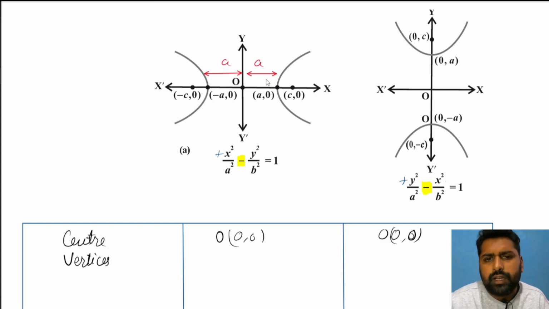To solve equations we'll use this idea, a. And the focus is at a distance c. This distance is c. This distance is also c.